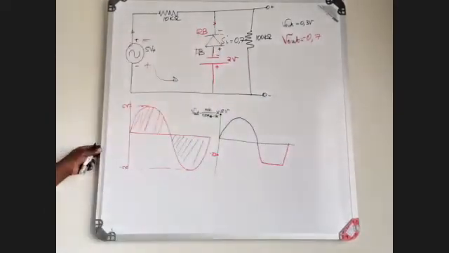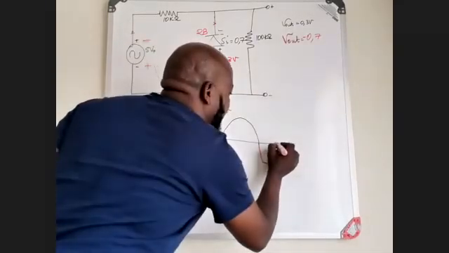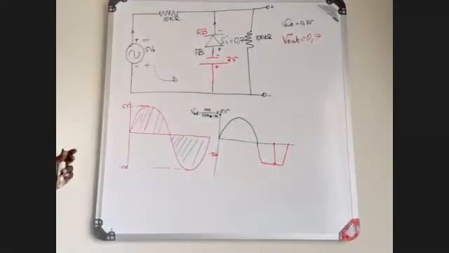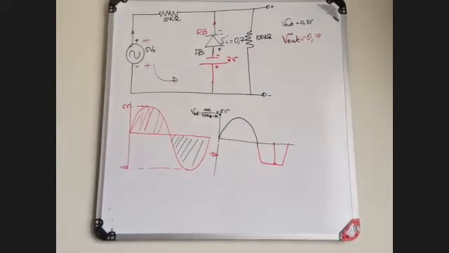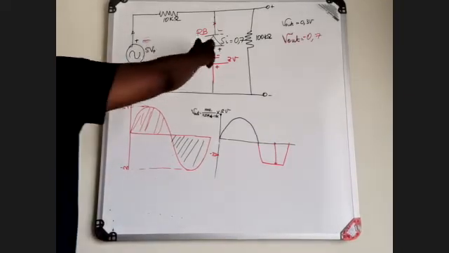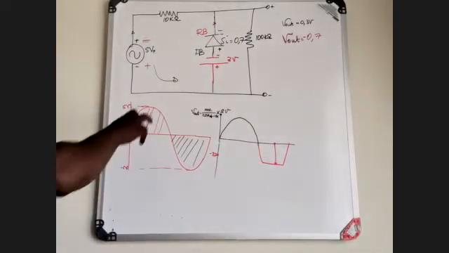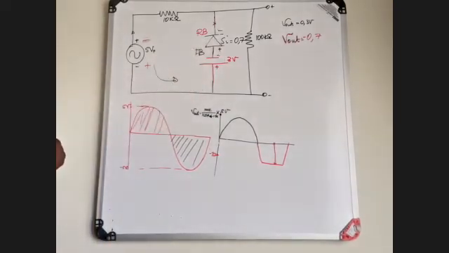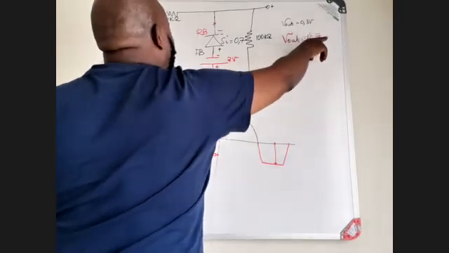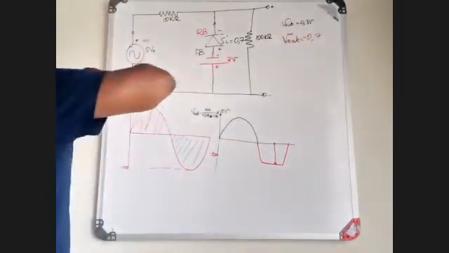From here all the way to there, it is minus 3.7 volts. If this was not there, my V out would be minus 0.7 volts.